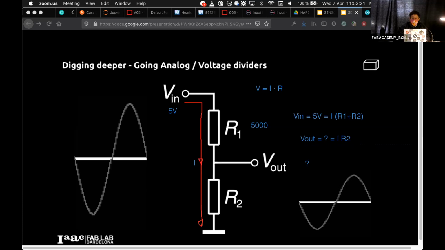So let's imagine now that I divide both sides. V in divided by V out is equal to I divided by I, which is 1, so it doesn't matter. And then R1 plus R2 divided by R2.